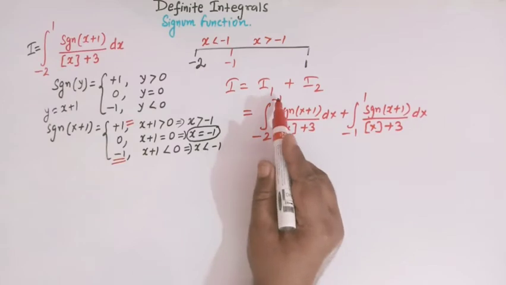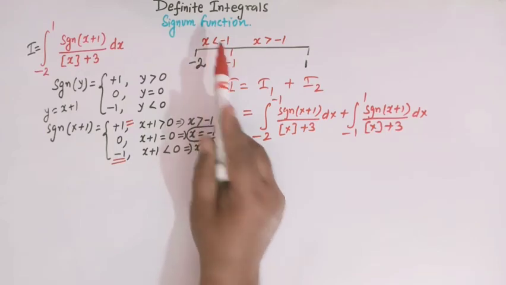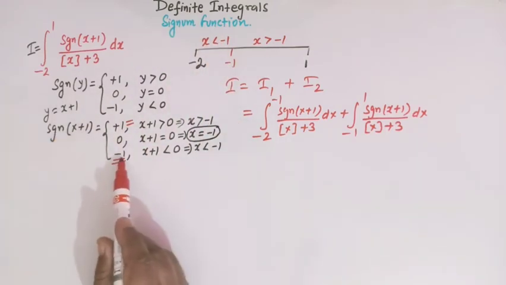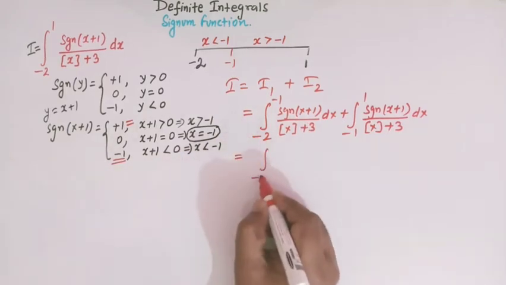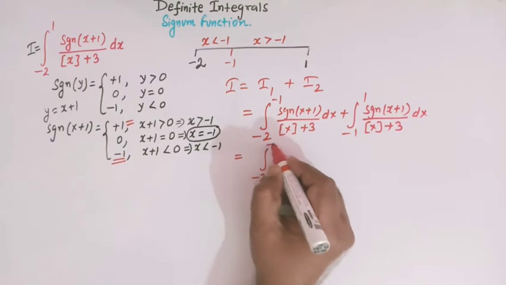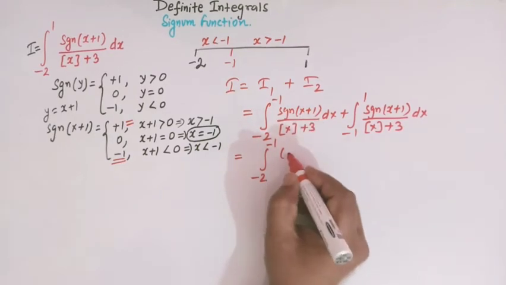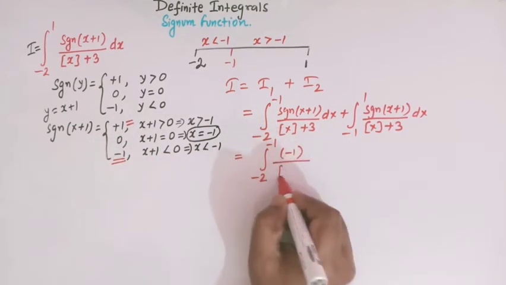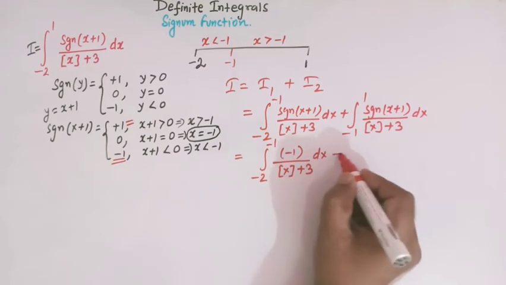So when we integrate from minus 2 to minus 1, all the values of x are less than minus 1, so signum of x plus 1 will take the value minus 1, right? So now we can rewrite it as the integral from minus 2 to minus 1, and here signum of x plus 1 is equal to minus 1, and we have greatest integer x plus 3 dx, right?